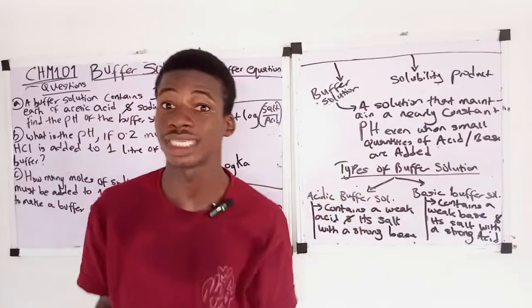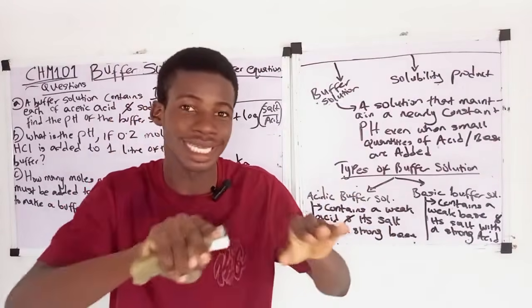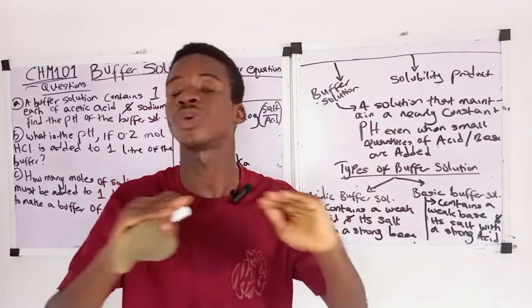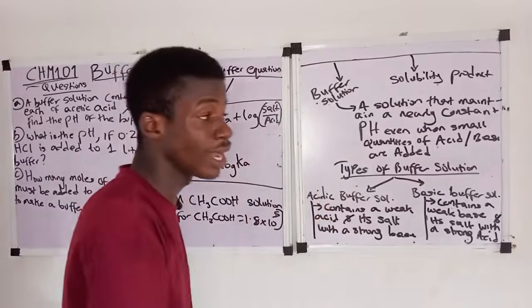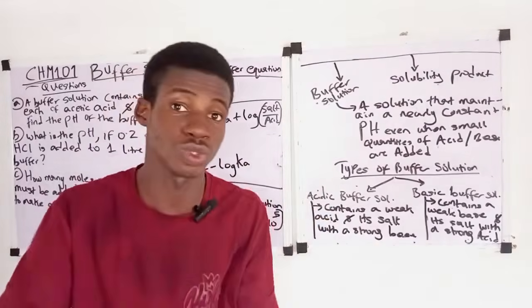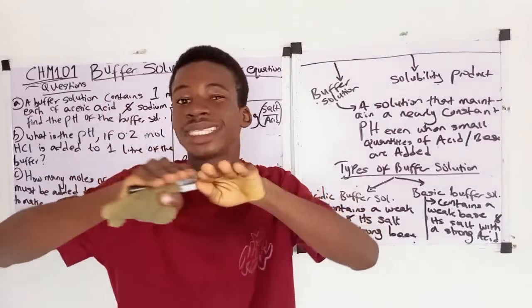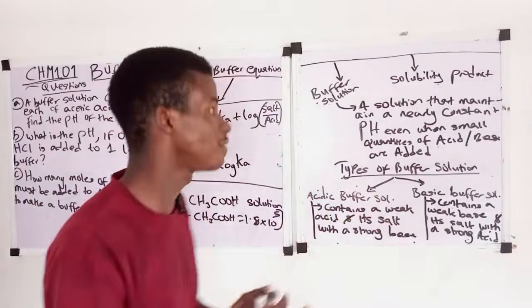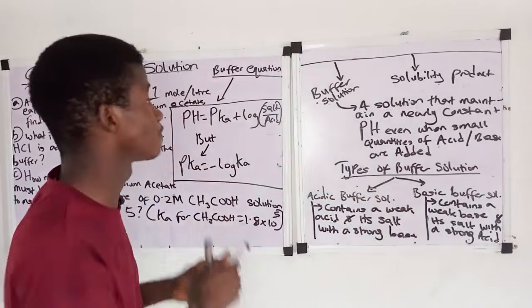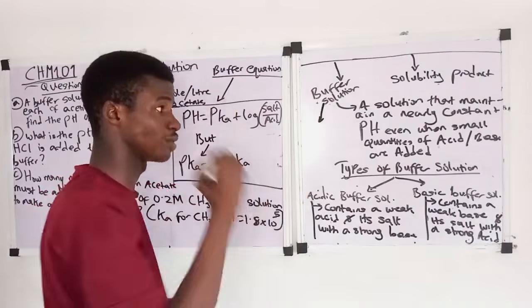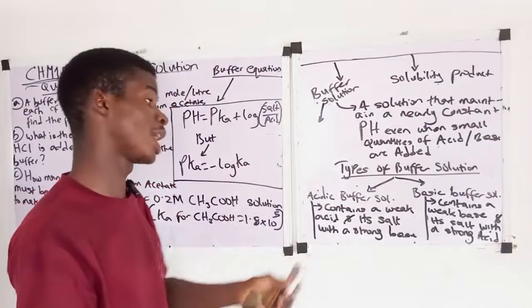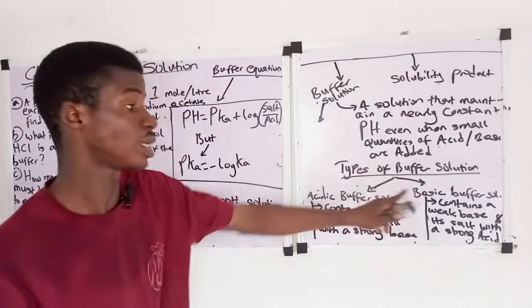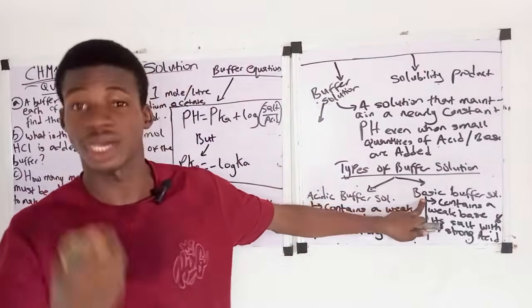A buffer solution is a solution that maintains, or nearly maintains, a constant pH even when you add an acid or a base to it. That solution will still maintain that pH. Now let's move to the types of buffer solution. We have the acidic buffer solution as well as the basic buffer solution.